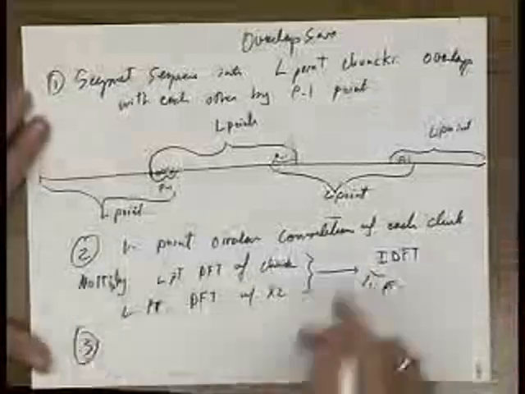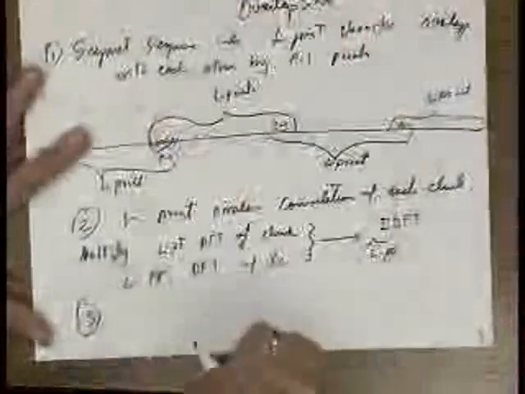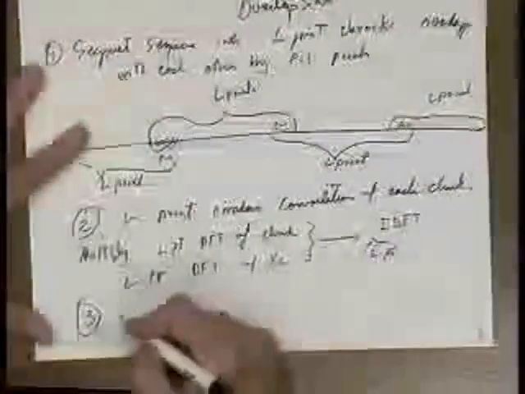And then step 3 is throw away the first P minus 1 points of the answer in part 2.